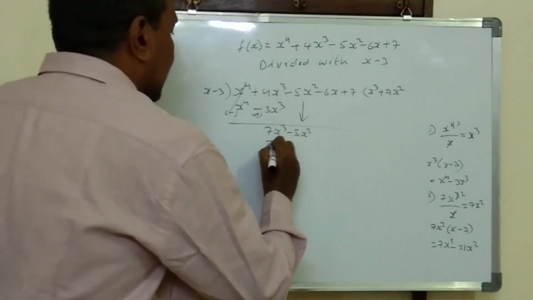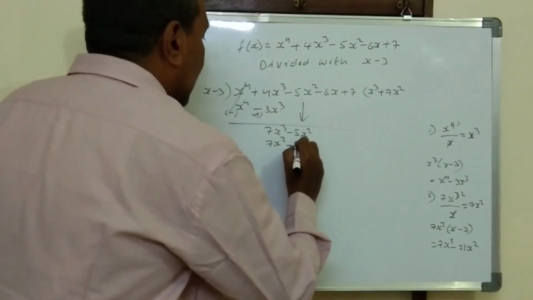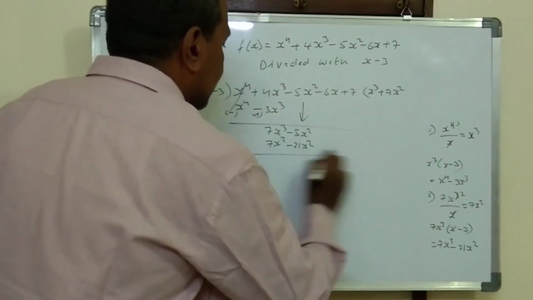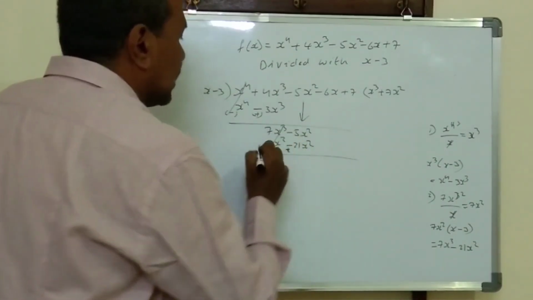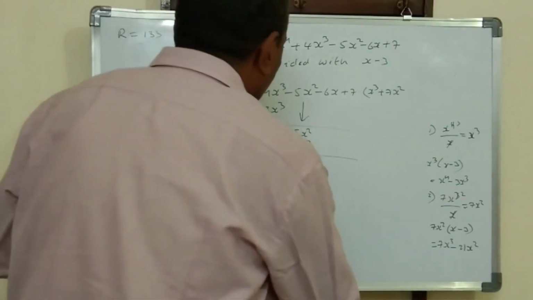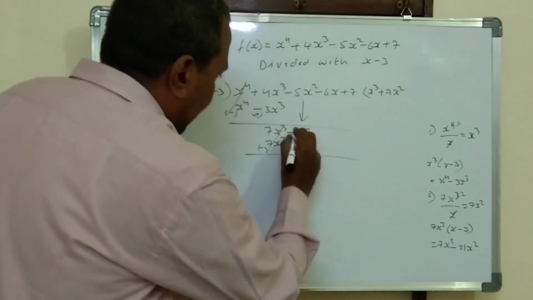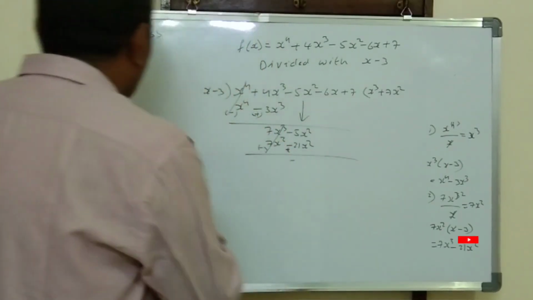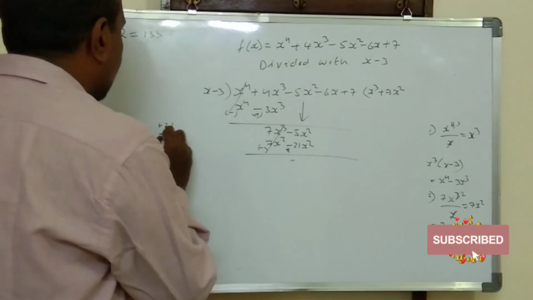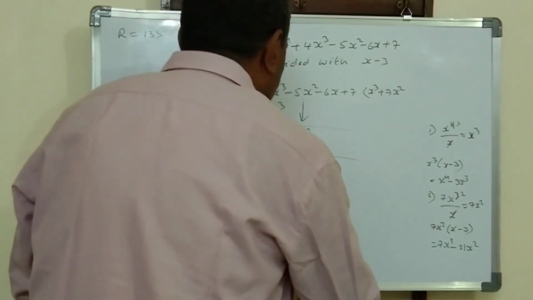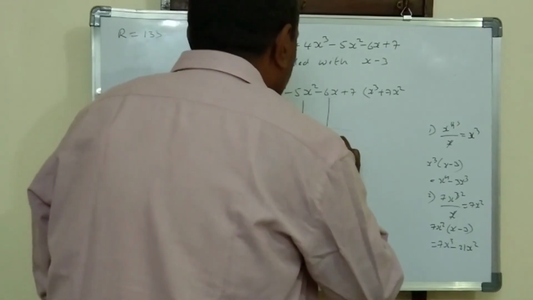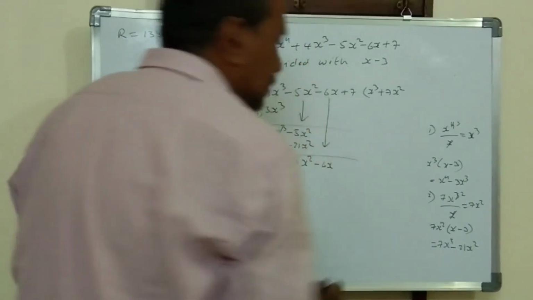So keep here 7x cube minus 21x square. Subtract, minus plus, cancels. So plus 21 minus 5 is equal to 16x square. Take down the next term, that is minus 6x.